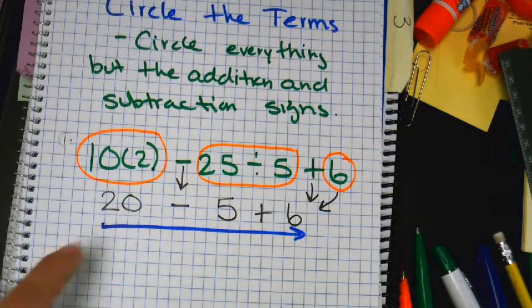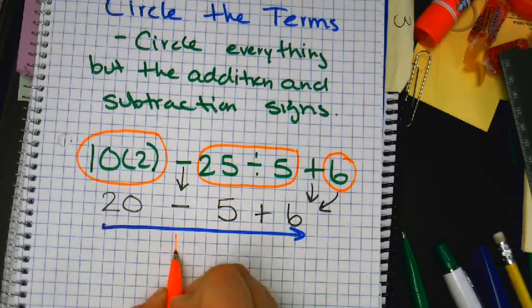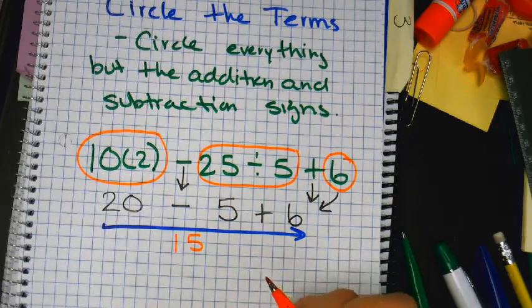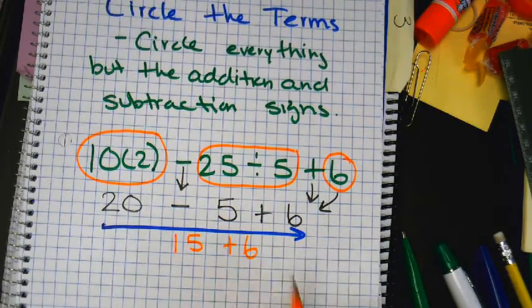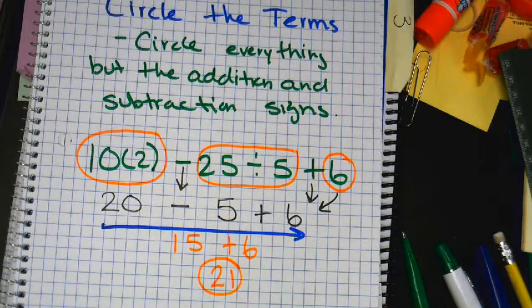All right, what's 20 minus 5 plus 6? 15, plus 6 equals 21. And that's our answer. So the circles make mini problems that we have to solve. And then at the end, we're going to be adding and subtracting.